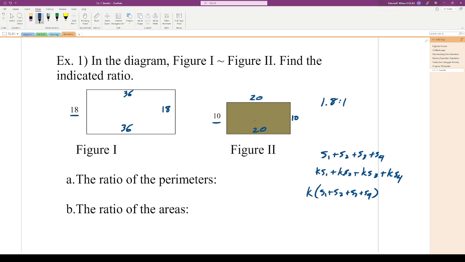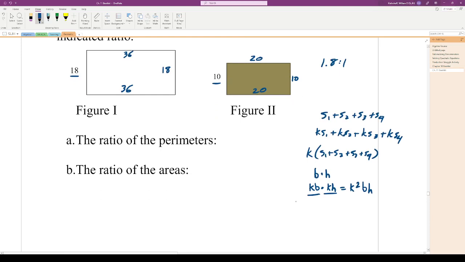But if we multiply and we do base times height, then our scaled version is K times base times K times height. Now, since this is multiplying, I can't factor out a K, and I end up with K squared times base times height. And earlier in the year, we talked about volume, it even goes beyond that because we have length times width times height.